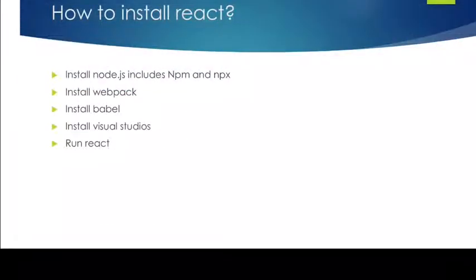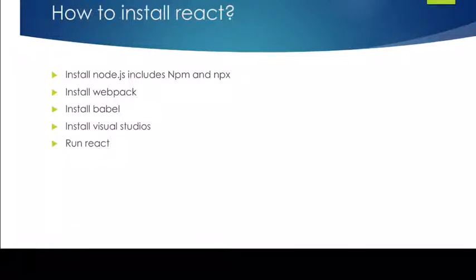Okay, so now to installing React. The first thing you want to do is install Node.js. Node.js, as the name implies with the JS in it, is JavaScript. It is an open source, cross-platform JavaScript runtime environment that executes JavaScript code outside of a browser.